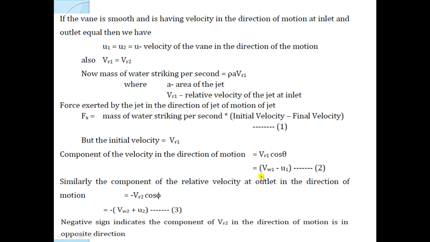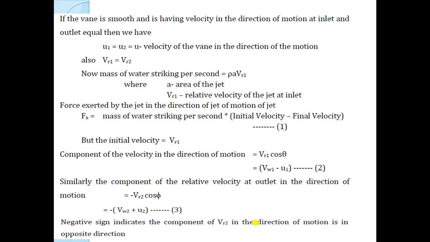So Vr1 cos theta is Vw1 minus u1. Similarly, the component of relative velocity at the outlet in the direction of motion is minus Vr2 cos phi. If we simplify from the velocity triangle diagram, it is Vw2 plus u2. The negative sign indicates that Vr2 is in the opposite direction as compared to the original direction.